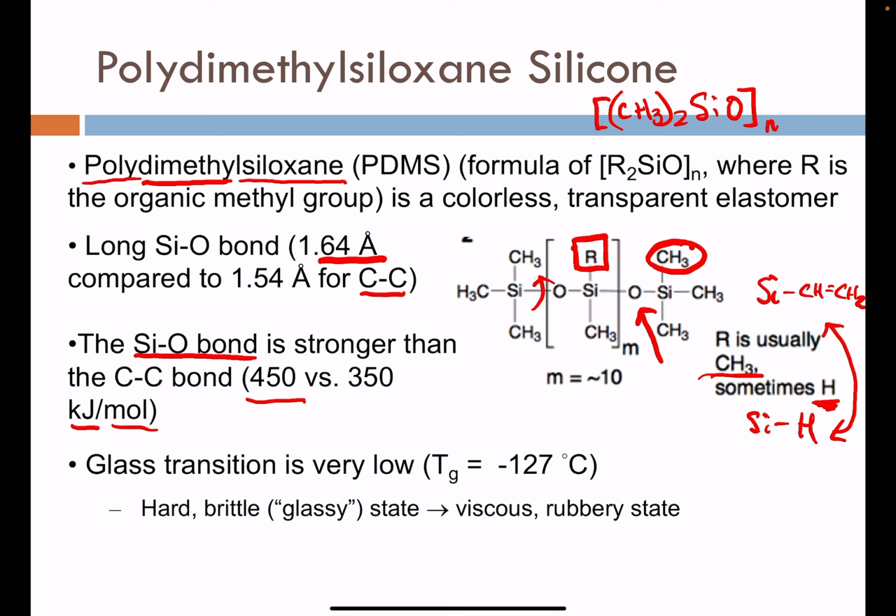This, in addition to the extra length, as mentioned above, allows for a very low glass transition temperature, which is the temperature at which a polymer transitions from being hard, brittle, or glassy into something that is viscous and more rubbery.